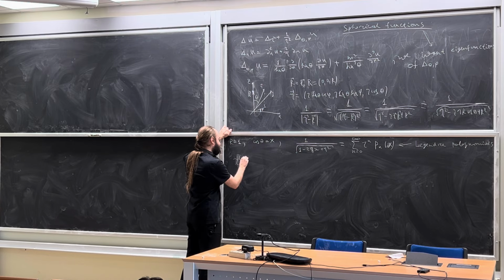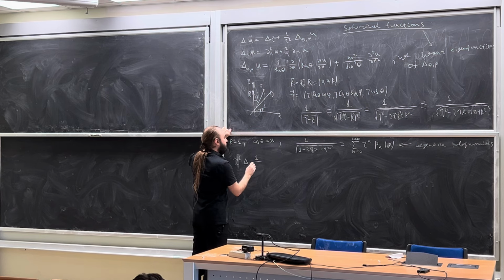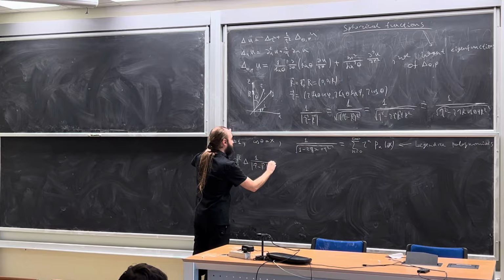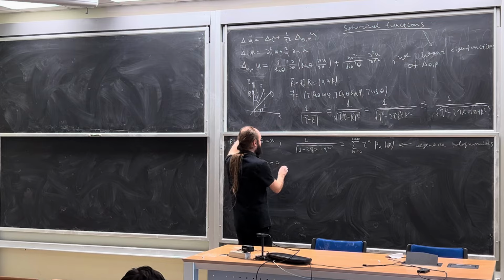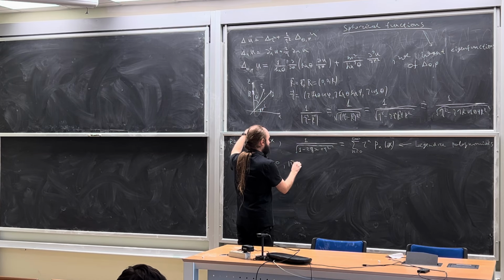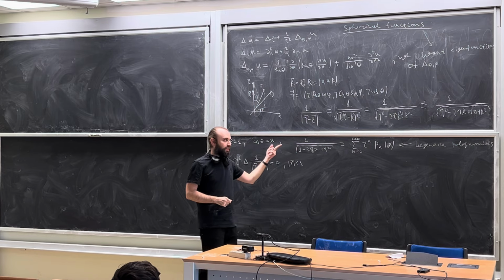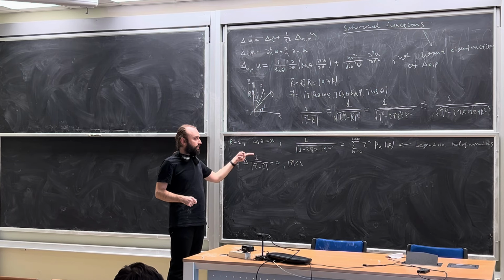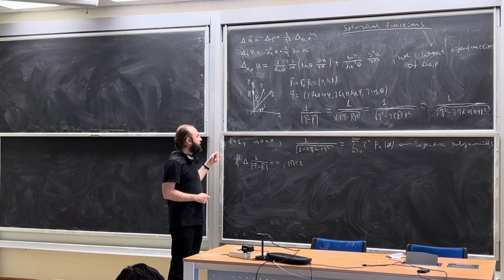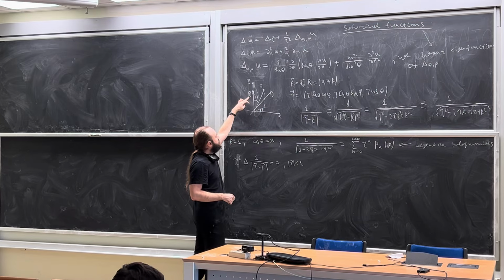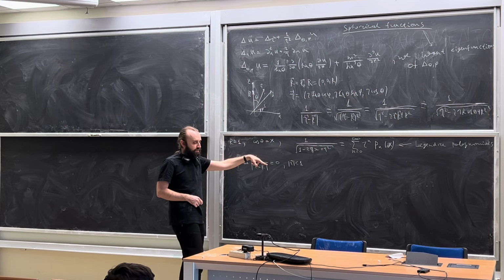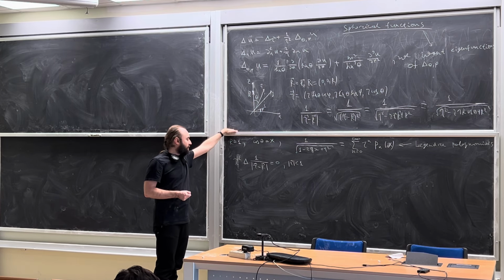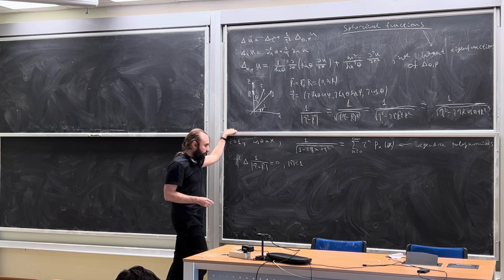R squared times the Laplacian over r minus R is 0 for absolute value of r less than 1. But it's enough. We just have this series for all r's. Because it is 0, there are no charges in this sphere of size 1.